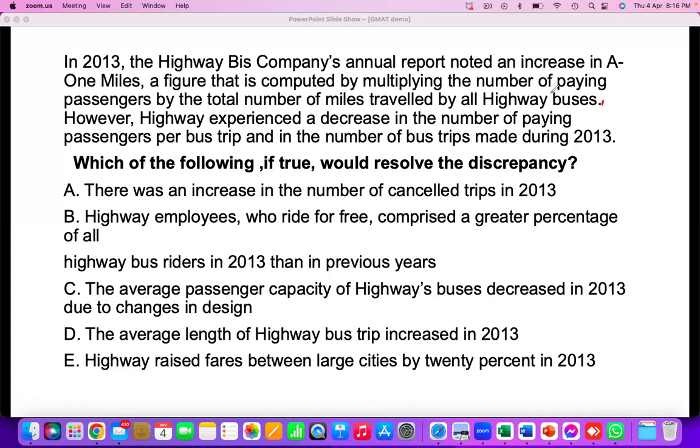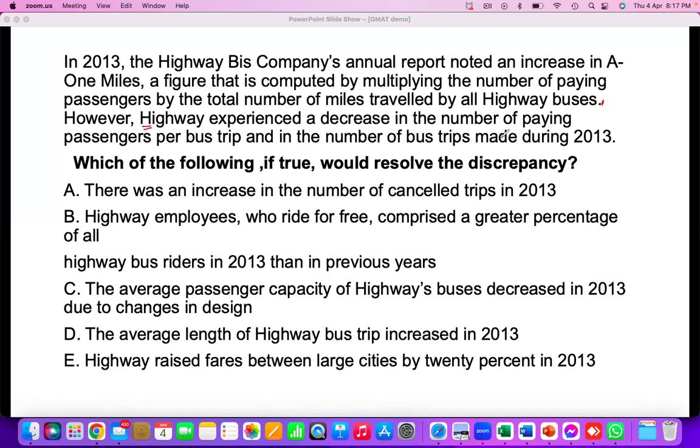Decrease in the number of paying passengers, I guess. This first line is the conclusion, right? Ronak, you're saying the same thing, right? See, what did I say?